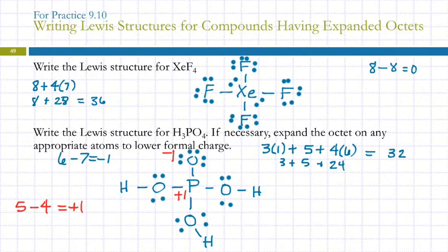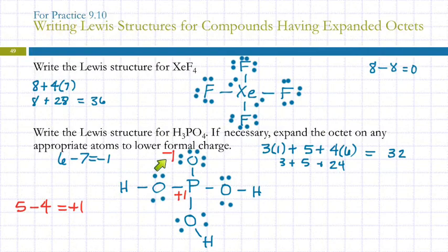We'd like to see if we can lower the formal charges. The goal is to get them all 0. Not always possible, but get them as low as possible. The way to do that is to look at the negative formal charges and take some electrons away from them and give them to the phosphorus. Phosphorus has a positive formal charge. So we could take a lone pair and put it on the phosphorus, but that would be going too far.